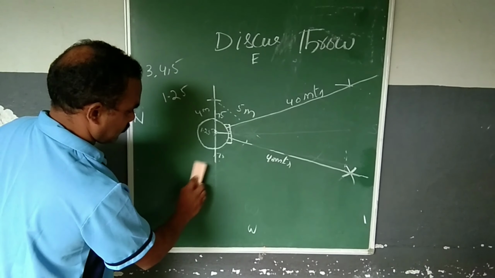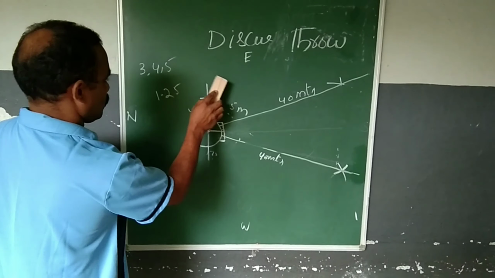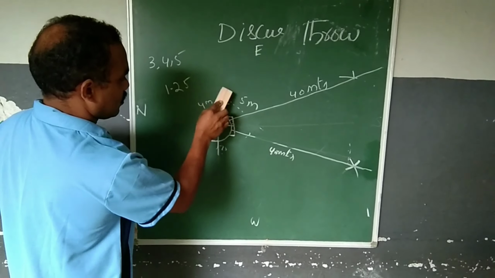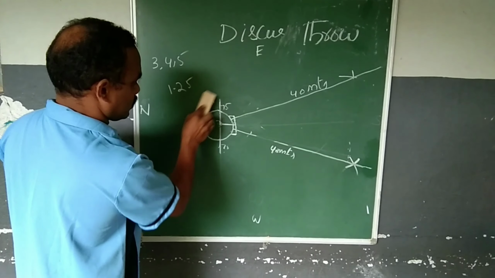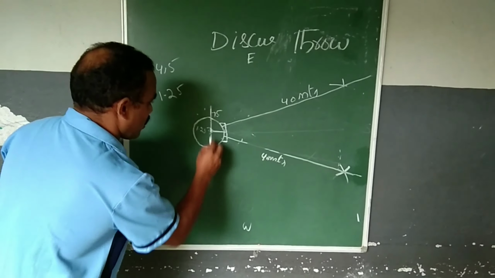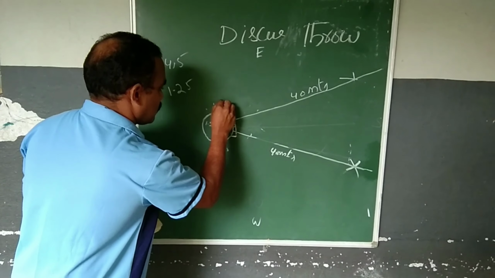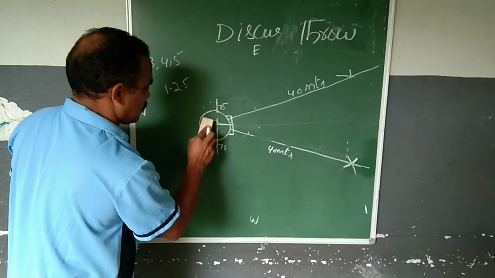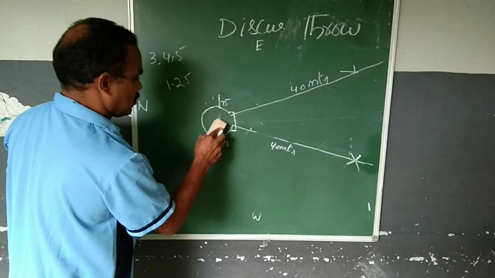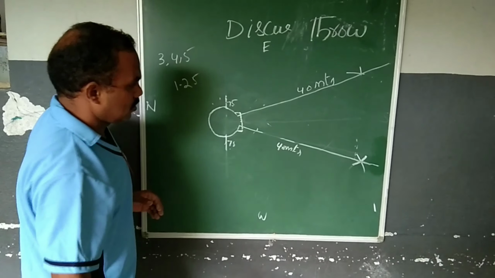So you will get it. Now, the discus throw sector, 75 meters.